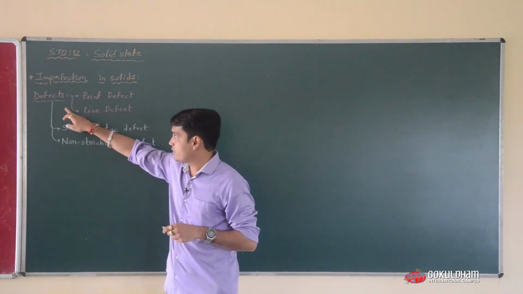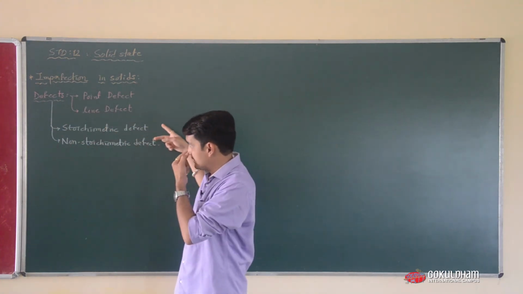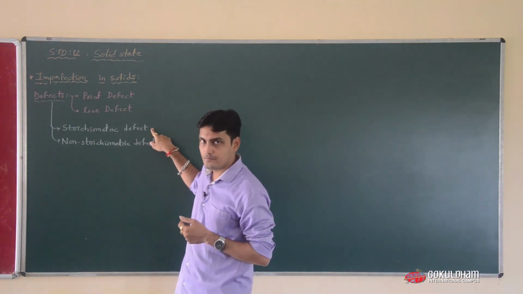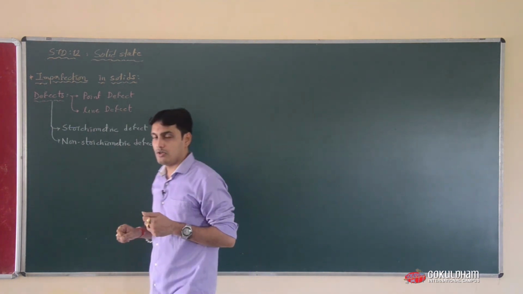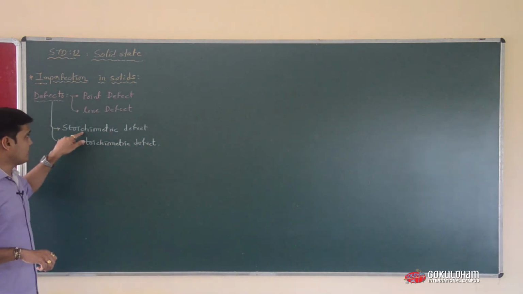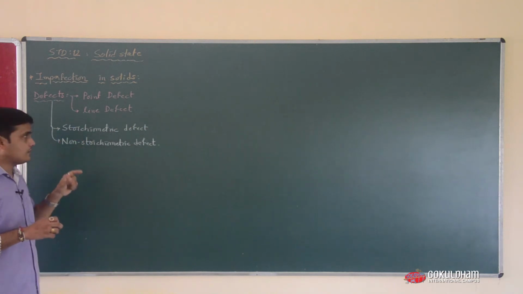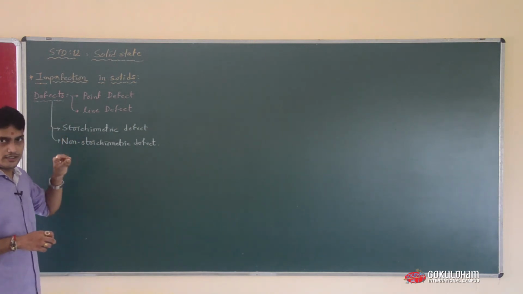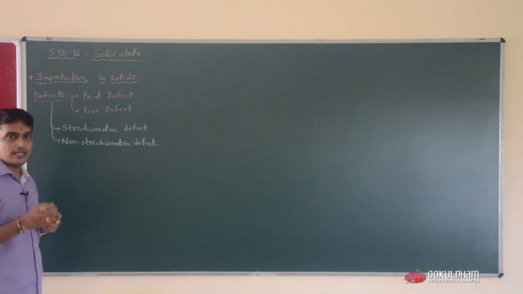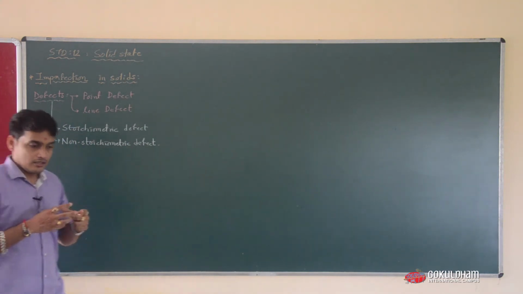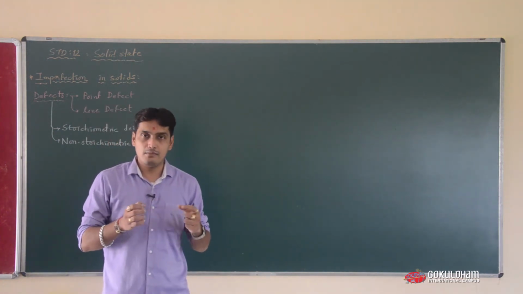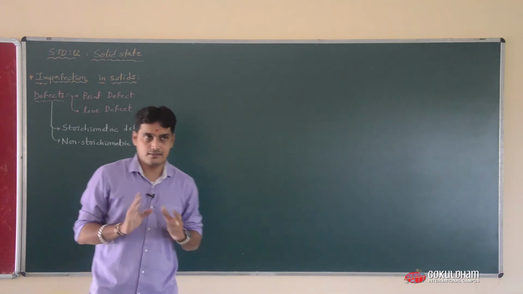This imperfection or defect has two major types. First is stoichiometric defect and the other one is non-stoichiometric defect. Stoichiometric means if the defect is there in the solid, it never disturbs the balance of positive and negative ions. It means after the defect also the number of positive and negative ions will be the same throughout the lattice.